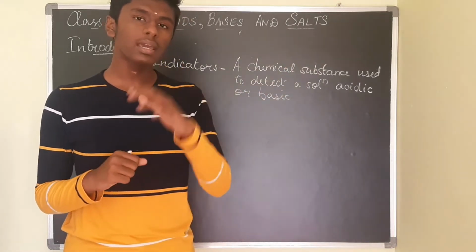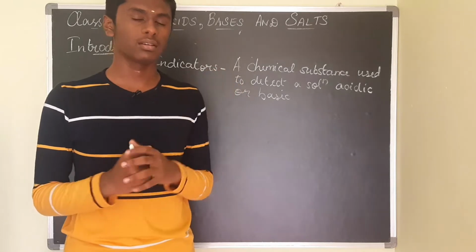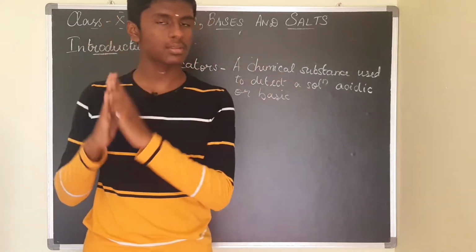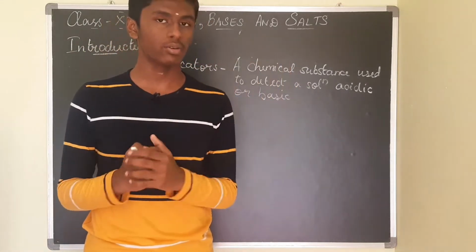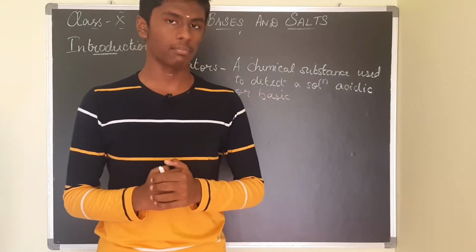Basically, there are two main types of indicators. Those are acid-base indicators and olfactory indicators. So let's talk about them.